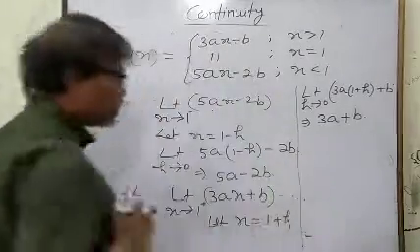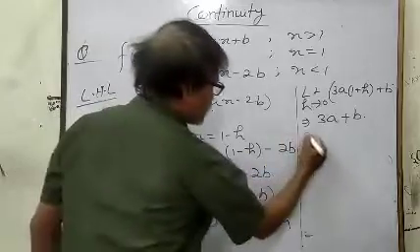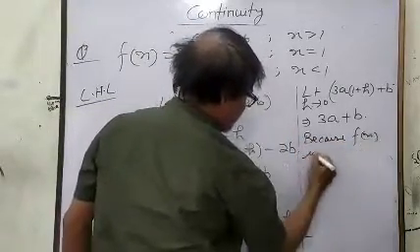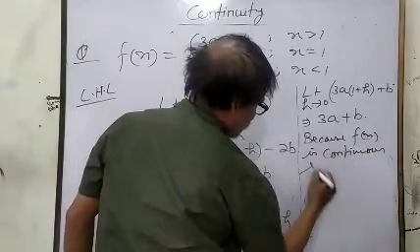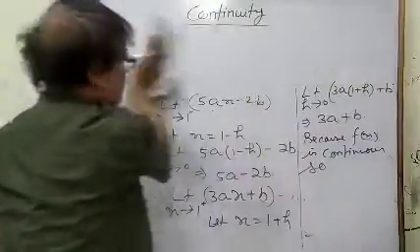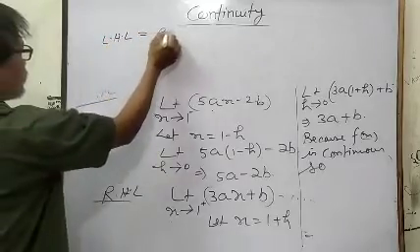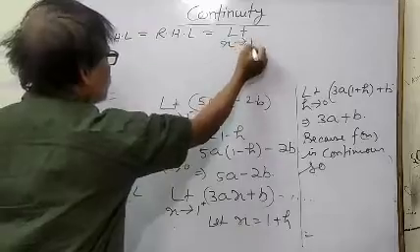But because the function is continuous, all the three limits are equal. Because f(x) is continuous, left hand limit is equal to right hand limit is equal to the limit at x tending to 1.